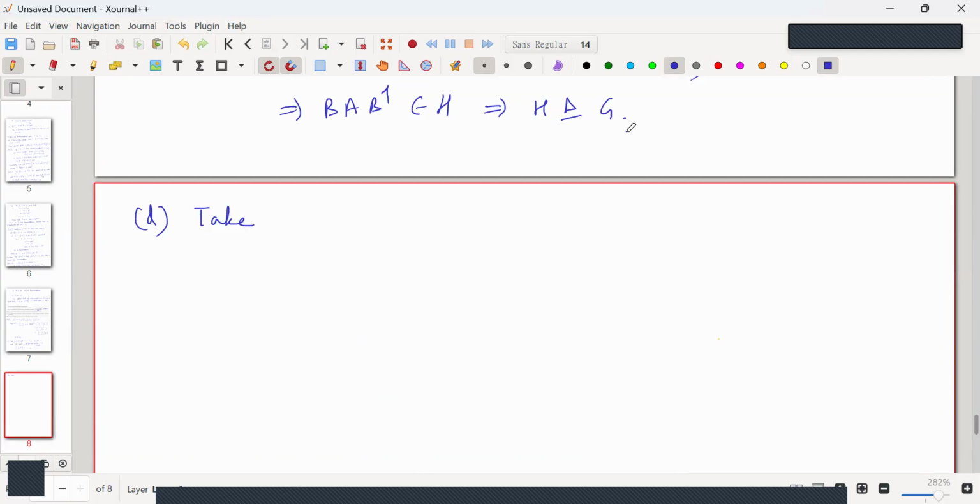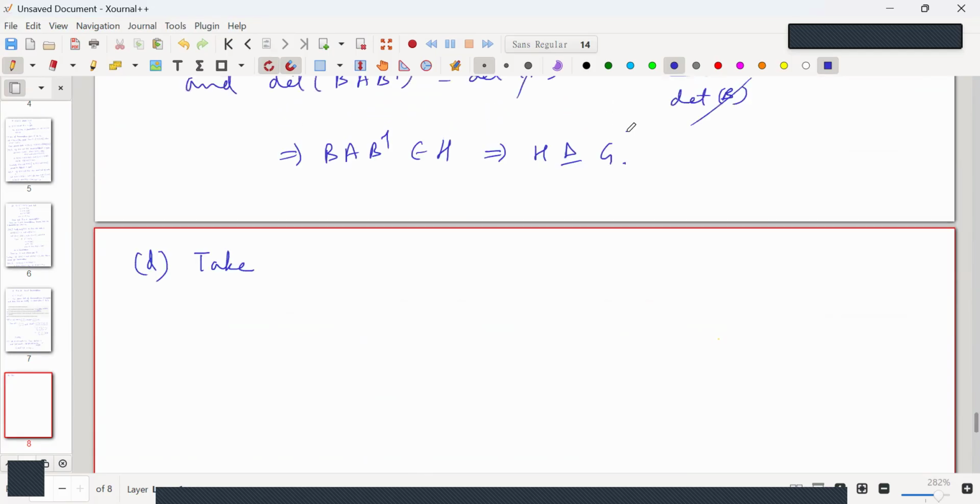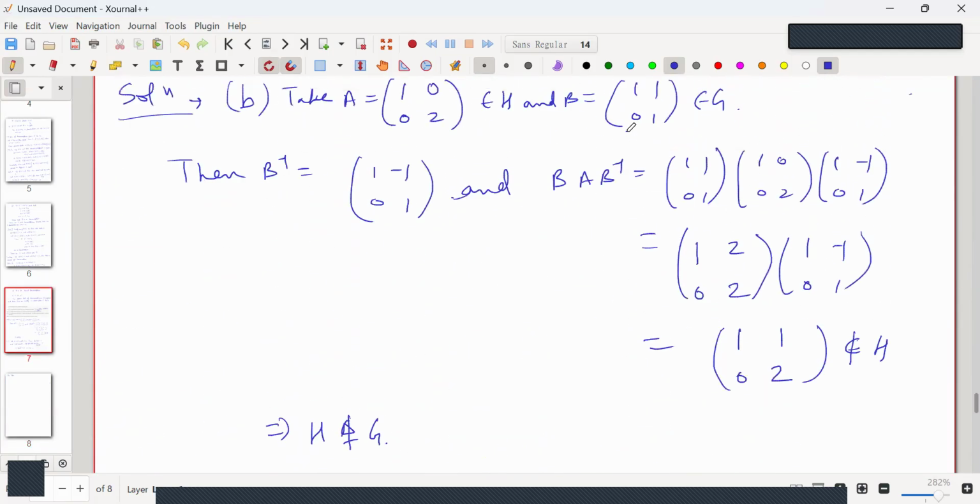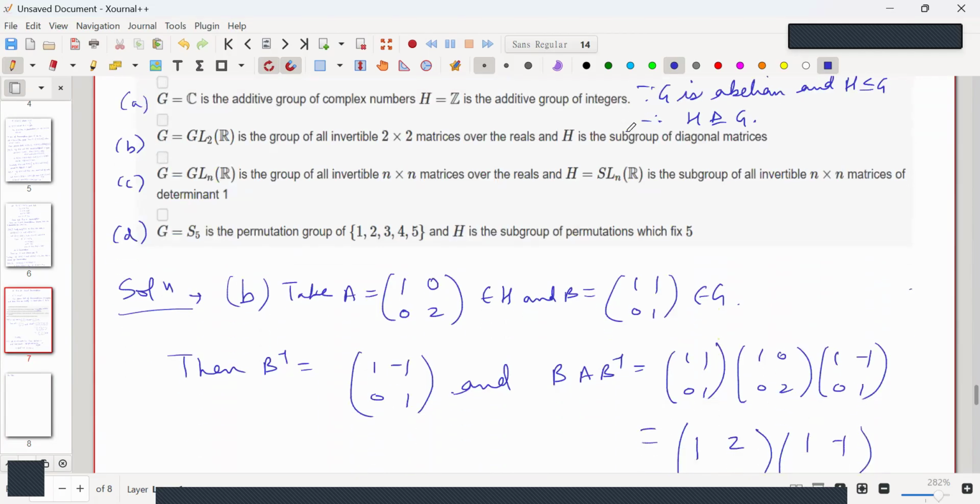Oh, so the subgroup I am taking consists of the identity and the 2-cycle (1 3). Oh, the subgroup is already given. You need to check whether H is a normal subgroup of G. Oh, I'm sorry, I misread the question. So H is the subgroup of permutations which fixes 5.